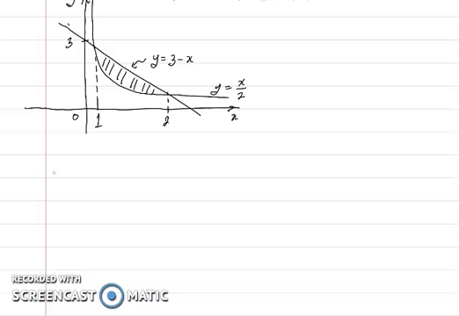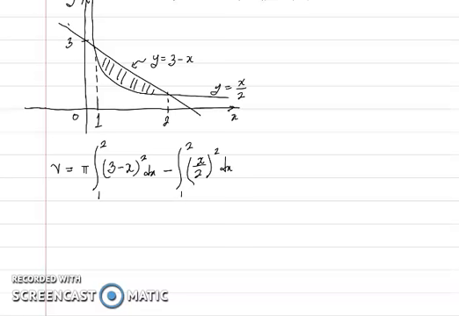So, of course, that volume V is equal to pi, the integral from 1 to 2, those are my limits, of y squared, so y is 3 minus x squared, dx, minus the integral from 1 to 2 of y squared, which is 2 over x squared, dx.